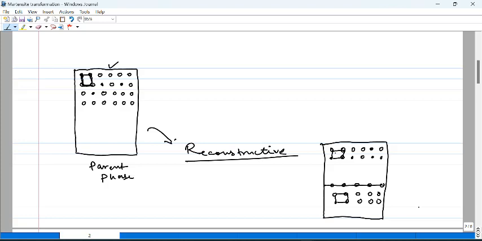I just want to show that there is some change that you can see over here in the pattern, right? Between this transformed phase and the parent, right? And this is the interface between these 2 phases, right? And for this, we have to break the bonds for the atoms to go from this arrangement to this new arrangement. Okay, that is why this is known as reconstructive.